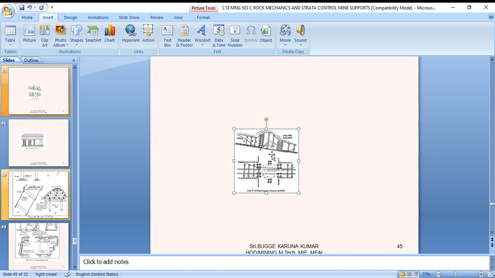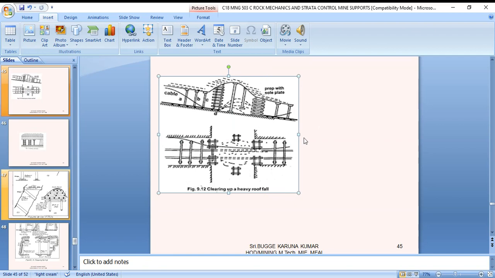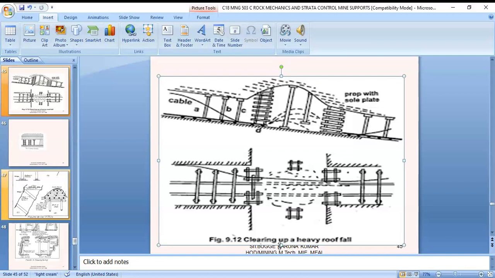So these are the junctions. These are junction supports, particularly where the roof or roads are bad over some distance, where resting on coal pillars and tightening against the road, wooden loggings may be erected at intervals of 2 to 3 meters.